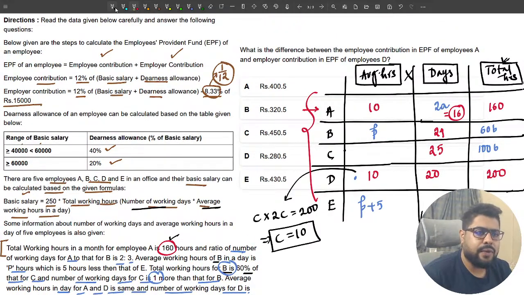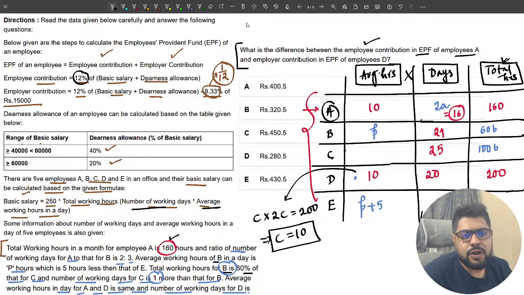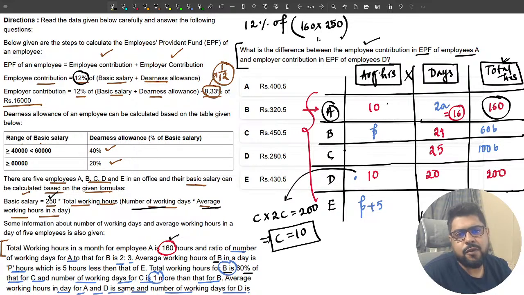Now, what is the difference between the employee contribution in EPF for employee A? The EPF employee contribution is 12% of basic salary plus DA. So what is the basic salary? 160 total hours into 250 per hour, that is 40,000 rupees.